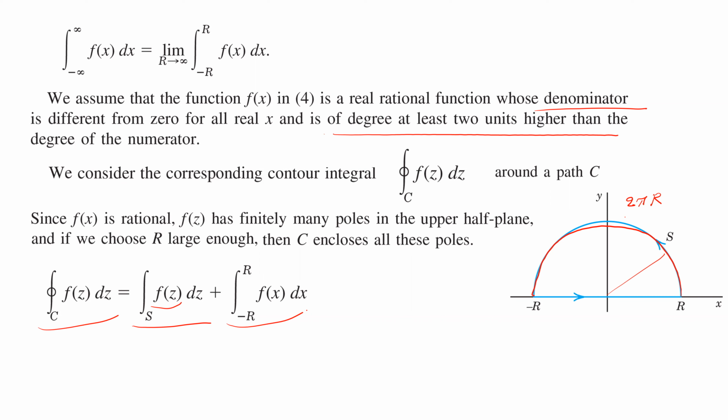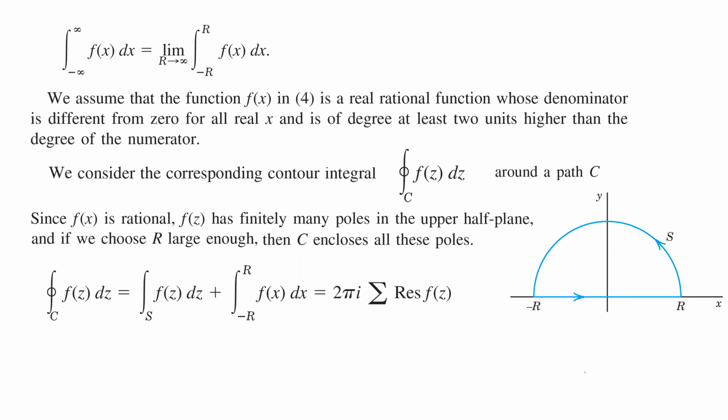Does it make sense? And then we can write this with the residue theorem equal to 2 pi i times the sum of the residues in the upper half plane. The residues that are up here, not the ones that are down here. All right. So this is the way we can evaluate this kind of integral.